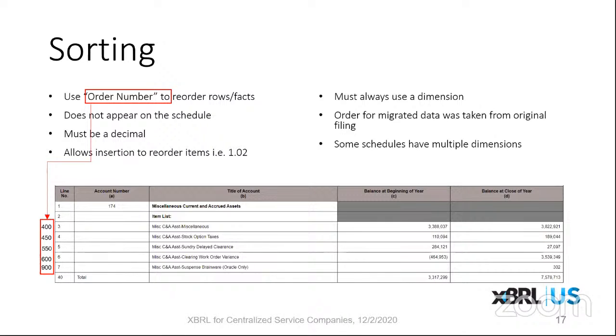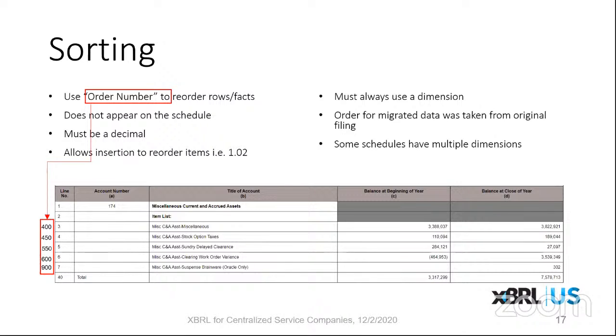This information doesn't appear on the form, but it means that you control where things will appear. And you may have a preference of where you want them to appear, so you can use the order number to do that. If you don't have the order number on there, then the order will, depending on the schedule, probably be based on the first field it comes across, so probably the title of account.